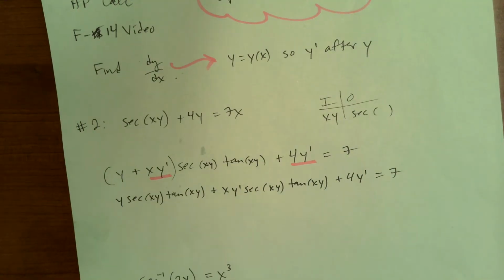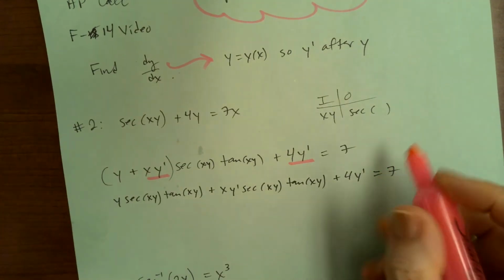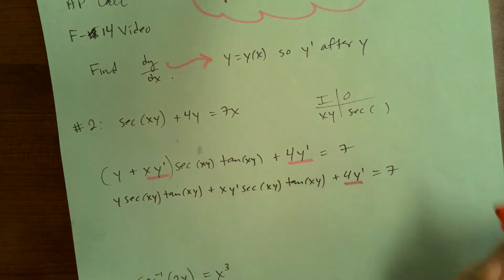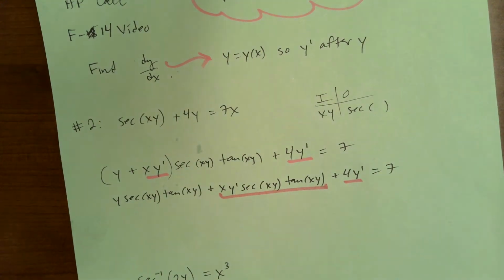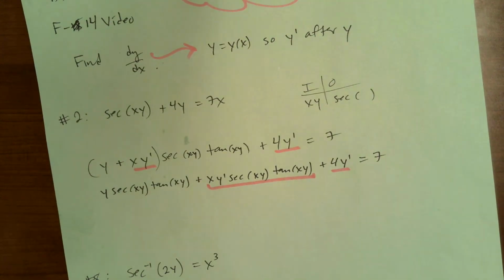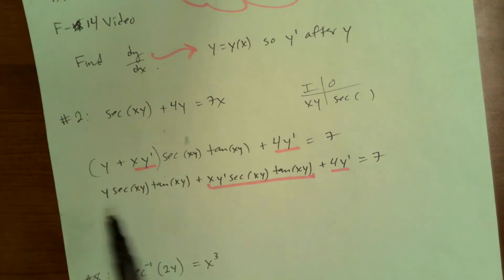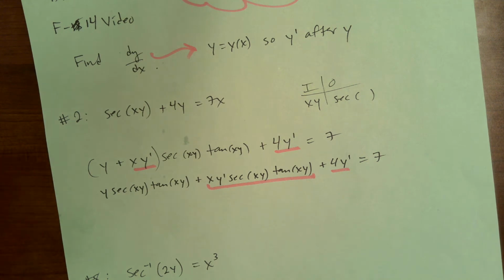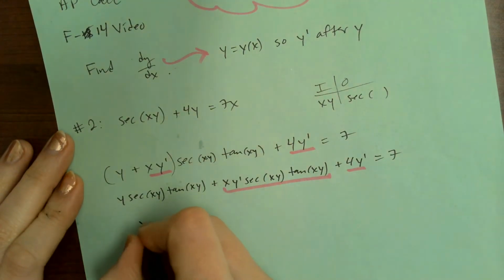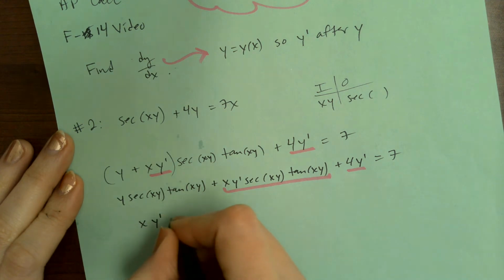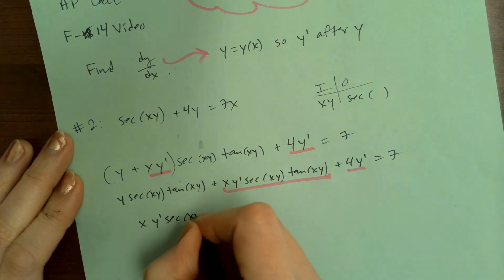Okay, now find the y prime terms. This is a y prime term, and that's a y prime term. So all I have to do is get this non-y prime term over to the other side, and then I can factor out the y prime. And guys, a lot of people can do this in their head from here.